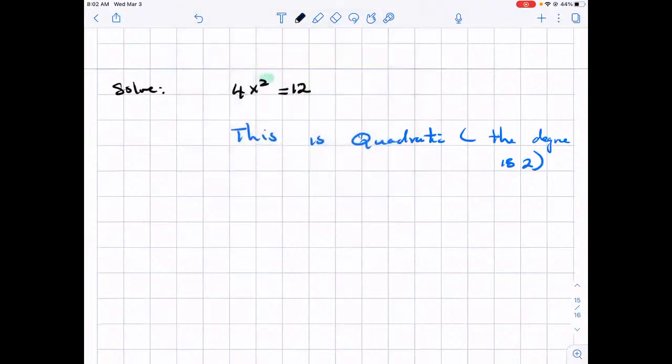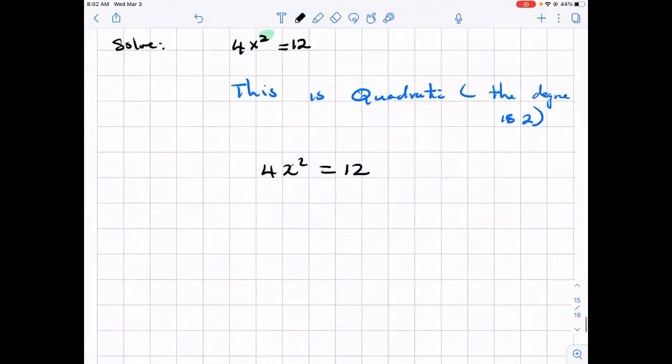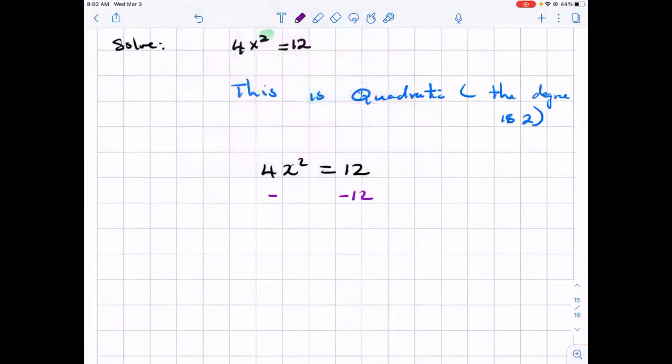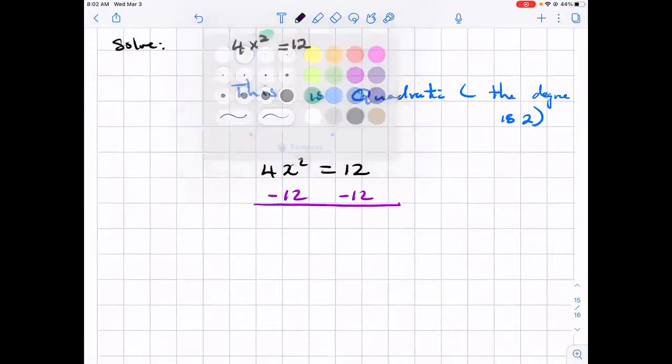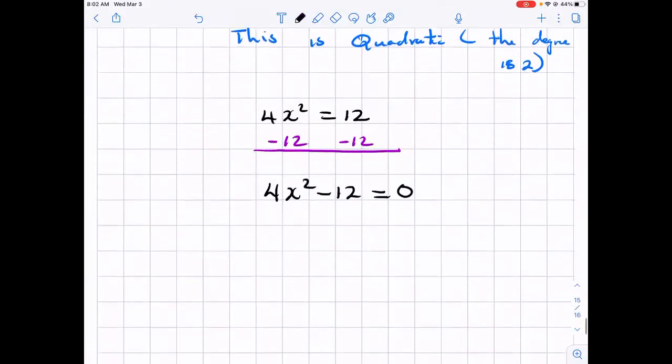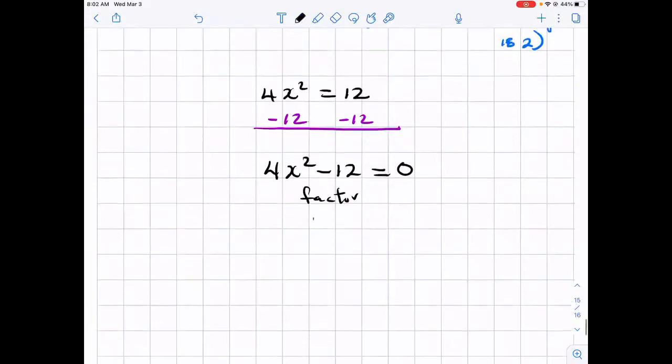So if we take 4x squared equals 12, and like I said, it has to be equal to 0, so I minus 12 on both sides. Notice they are different terms, so you cannot combine them. So we just write 4x squared minus 12 equal to 0. And we factor. The greatest common factor is 4.